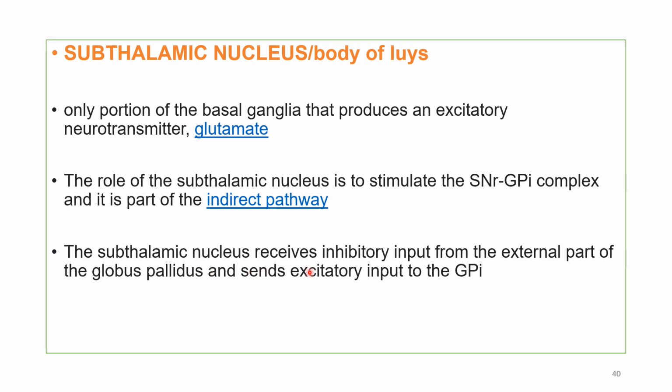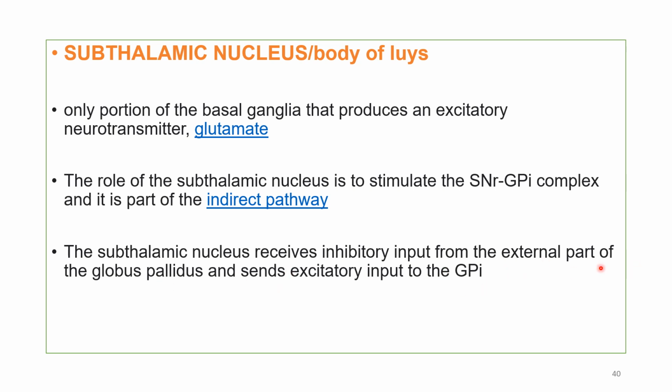The subthalamic nucleus receives inhibitory input from the external part of the globus pallidus and sends excitatory input to the globus pallidus internus. So what you have seen in the indirect pathway, this subthalamic nucleus is stimulating this complex, but it is getting inhibitory impulses from globus pallidus externus.